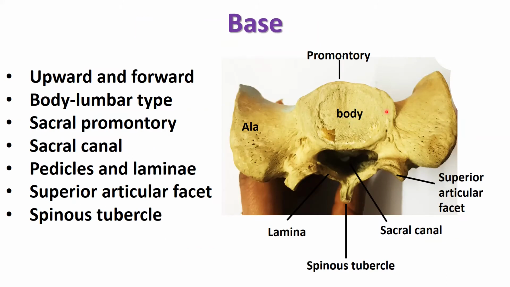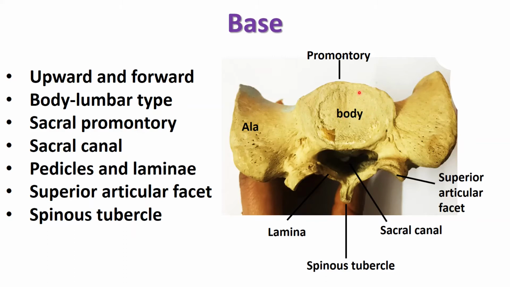So starting with the base of the sacrum, the base of the sacrum is directed upward and forward, and it is formed by the upper surface of the first sacral vertebra, and it has the features of a typical vertebra in a modified form.